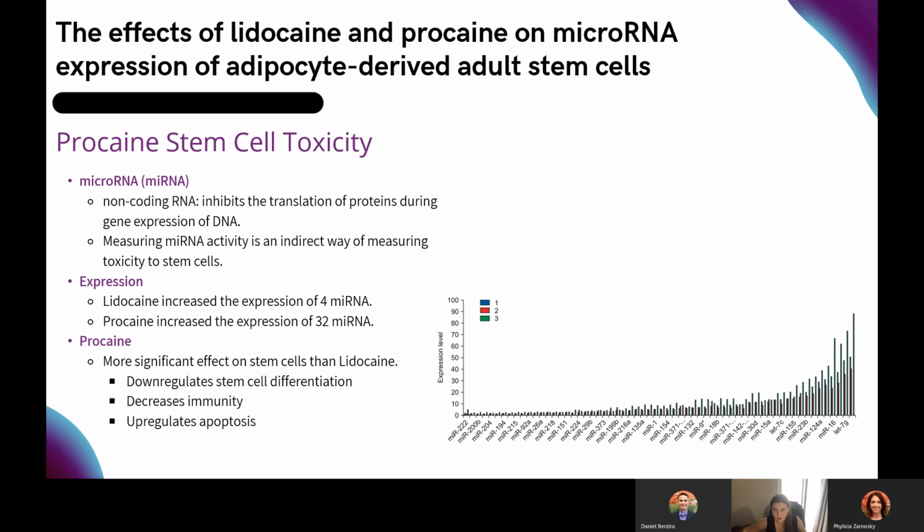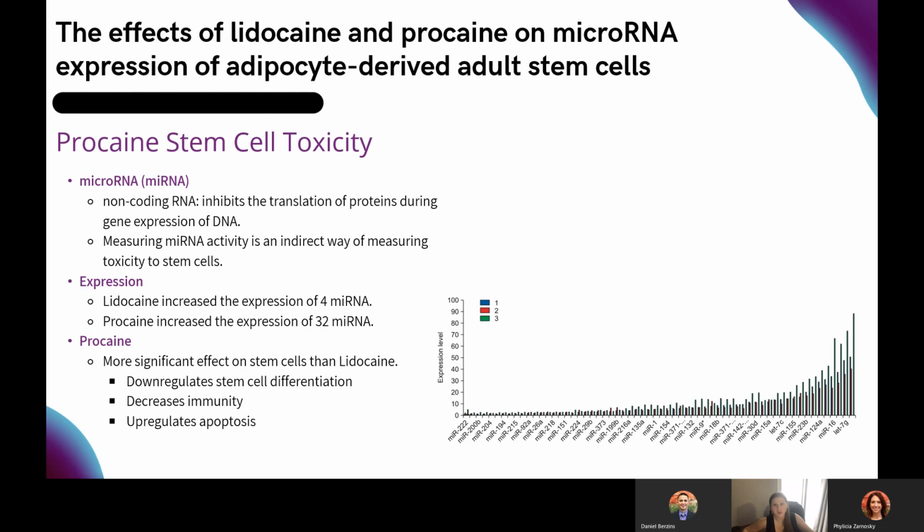You can see from this graph that the expression of green, which represents procaine again, was the highest out of all three groups. Procaine increased the expression of 32 microRNA, lidocaine increased the expression of 4 microRNA. This shows us that procaine had a significant effect on the stem cells compared to lidocaine.